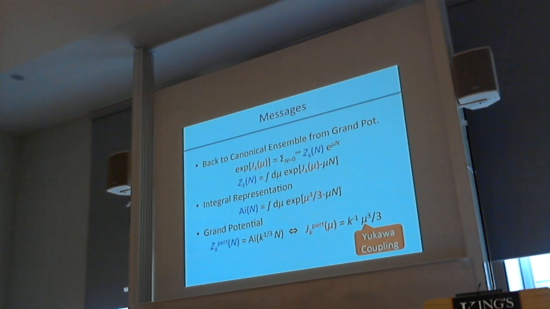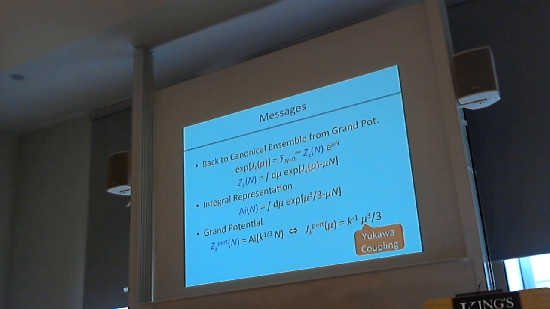The physical meaning of this Airy function can be understood as follows. As before, we can define the grand potential out of the partition function by introducing the chemical potential mu. Then we can compare the inverse transformation with the integral representation of the Airy function, and we find that they are actually very similar.